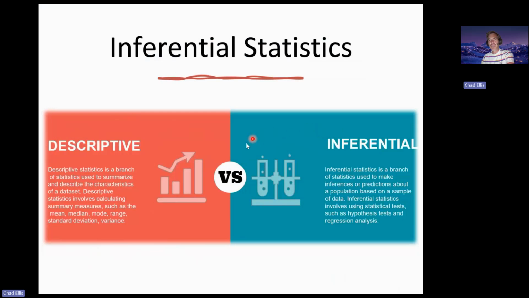Now we're going to move into inferential stats, where we're basically taking a sample and seeing how well that sample represents the characteristics of the larger population from which the sample was taken.